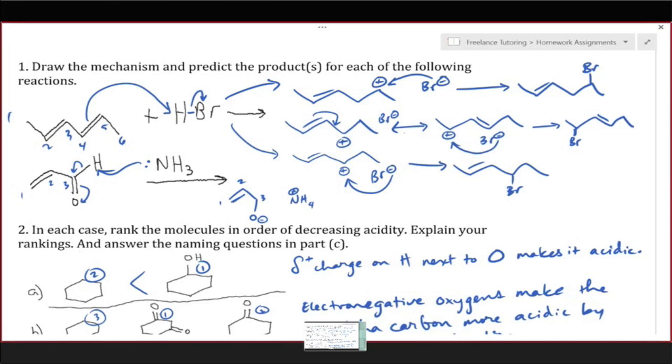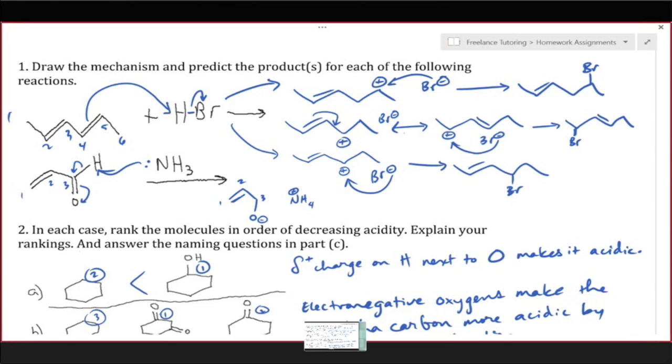Because there are no formal charges. When you're dealing with the formal charges, a positive and a negative charge, that would be a very, very quick and easy reaction. Which reaction would be quick and easy, the first one or the second one? The second, where there are the formal charges.